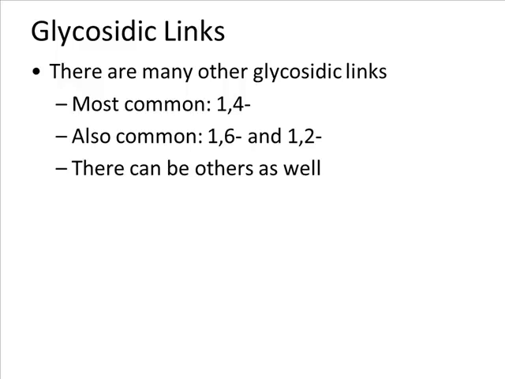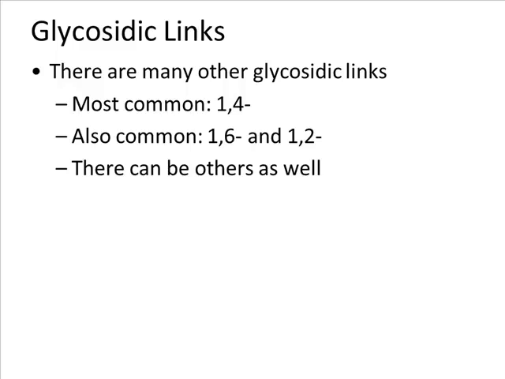One is simply that it ends up influencing the larger structure, and this is especially true when we move from disaccharides to polysaccharides, because if we link the molecules together in a slightly different position, it tends to influence the overall polymer-like structure. Another reason this matters is what happens with the chemical reactivity.